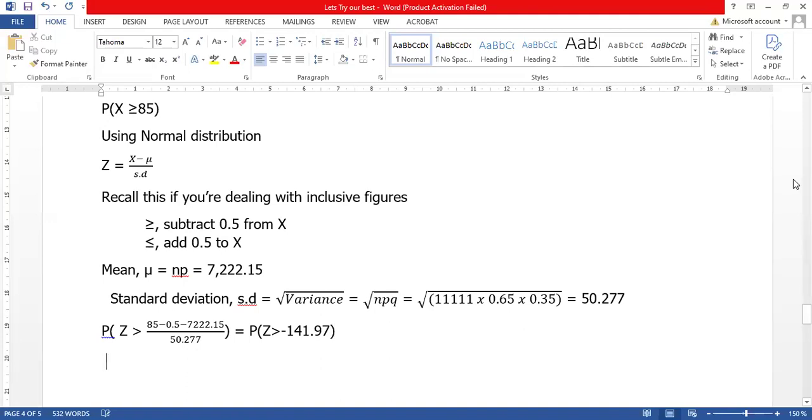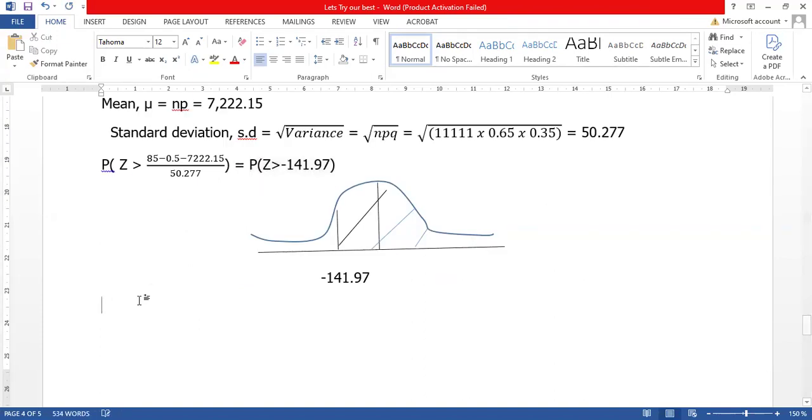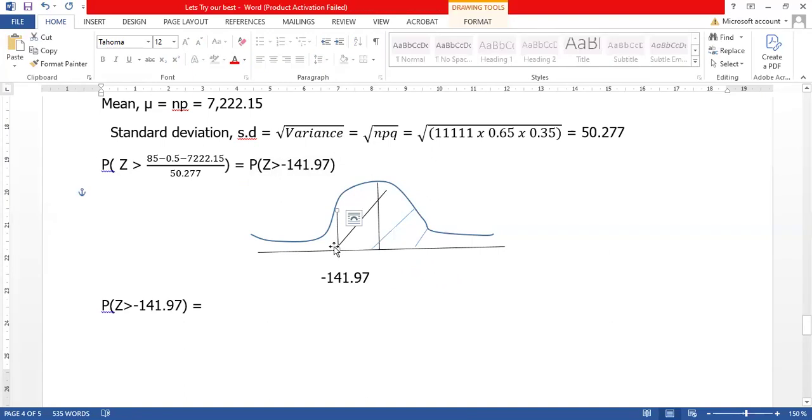Okay, so finally, you can use your table. It will be equal to, you're getting from here up to here. Remember, from here up to here you get from the table, but from here to infinity is 0.5.